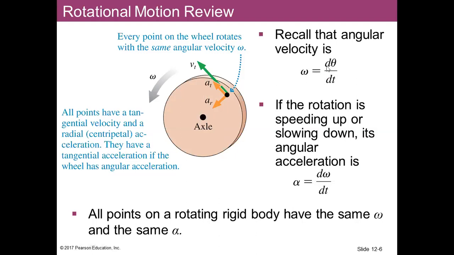So the angular velocity is the rate of change of angular displacement for a small change in time. Then we have angular acceleration, which is the rate of change of angular velocity. So we assume that the angular acceleration remains the same.